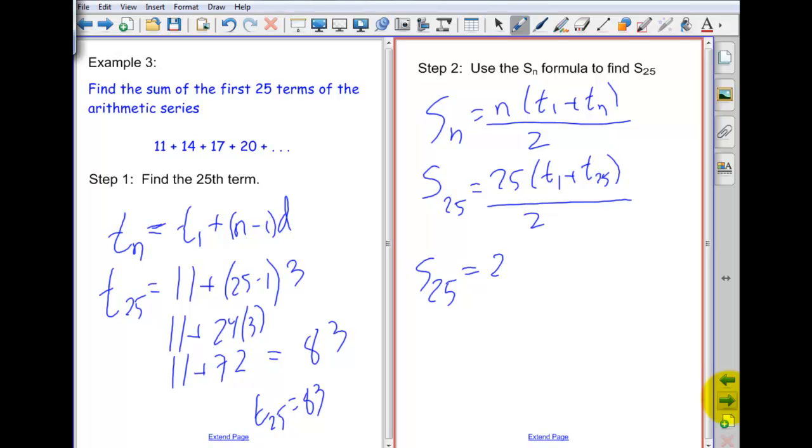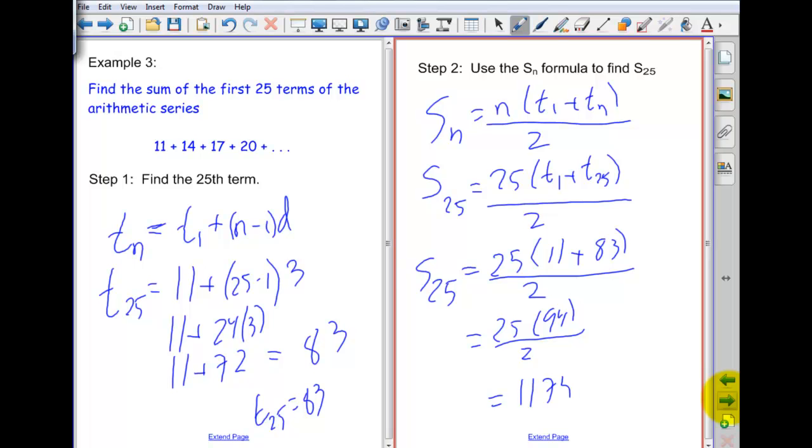We have 25 terms. The first term is 11. The 25th term is 83 all over 2. So we get 25 times 94 over 2. 1175? Okay.